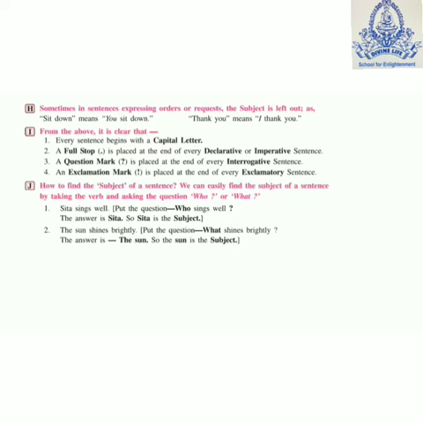Sita. So automatically the subject comes out. Sita sings well. In the second example, the sun shines brightly. Ask yourself, what shines brightly? The sun. So the answer is sun. The sun is the subject. So the rest of the sentence is the predicate.